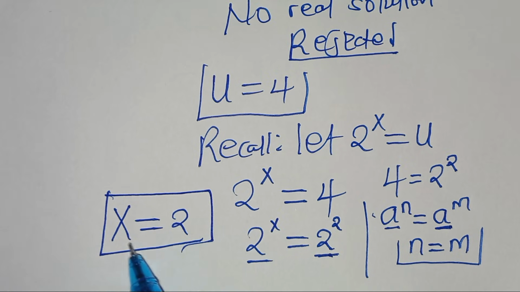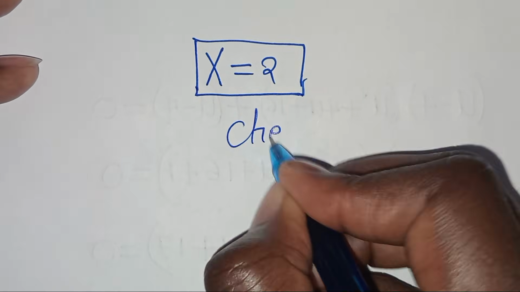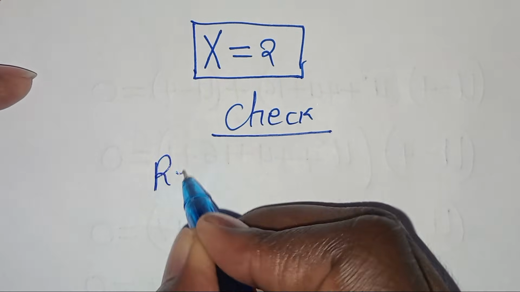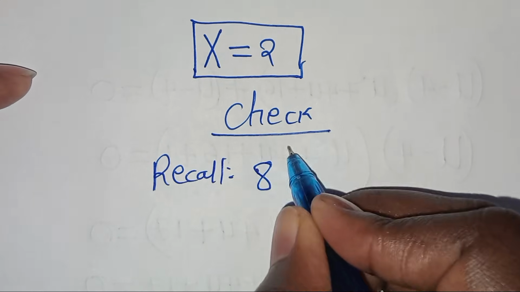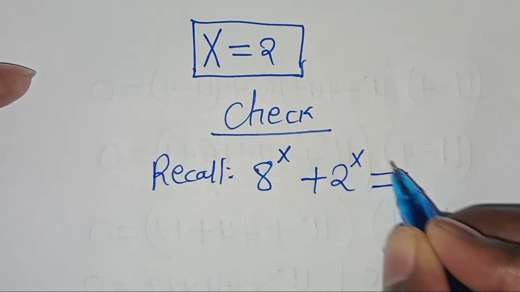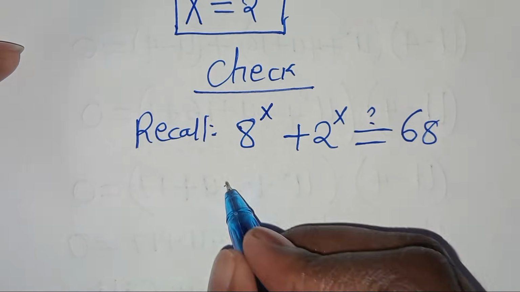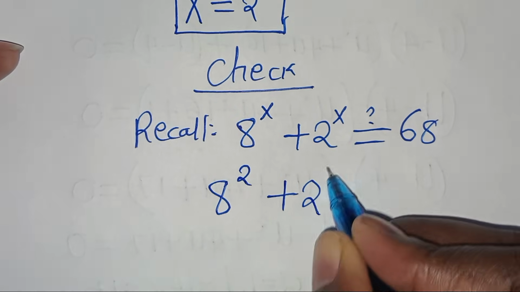So let's check if this value of x satisfies the equation. Now, since the value of x is equal to 2, if you recall, we have 8 to the power of x plus 2 to the power of x. This is supposed to give us a value of 68. So this is 8 to the power of 2 plus 2 to the power of 2.